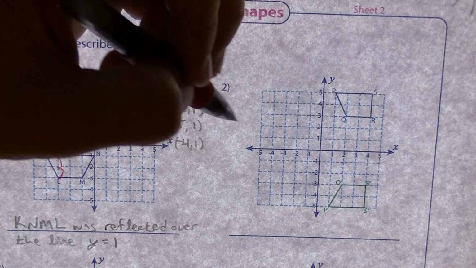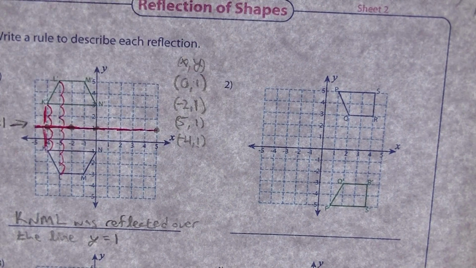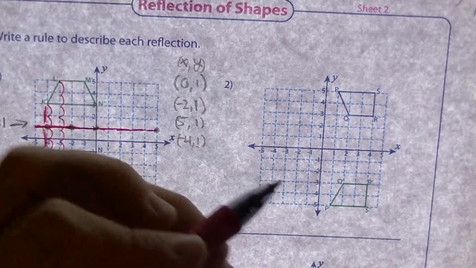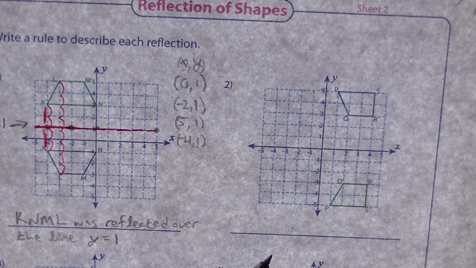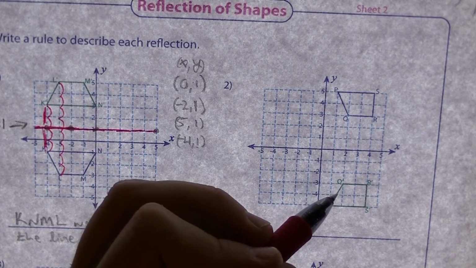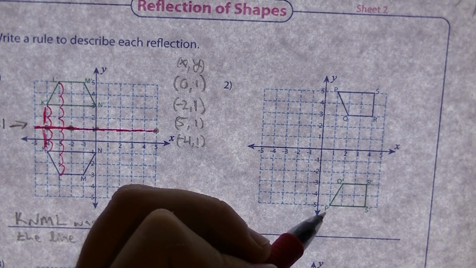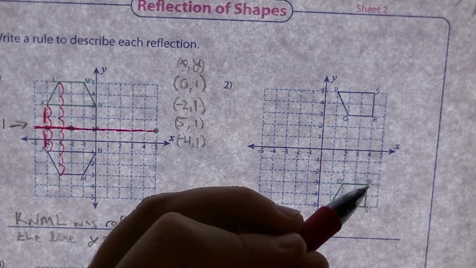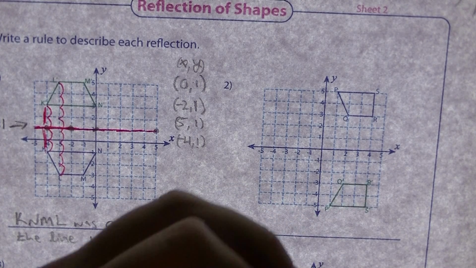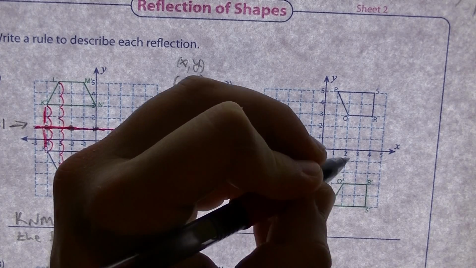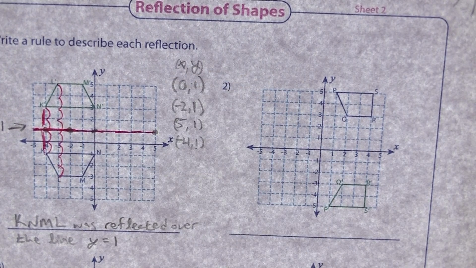I've got the quadrilateral, or this four-sided shape, called PQRS, and it's reflected over some line to get me the shape P prime, Q prime, R prime, S prime. To find that line that I'm reflecting in the middle, I'll just try to get that midpoint between my pre-image and my image.